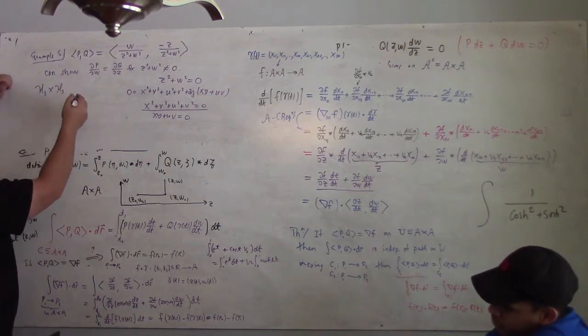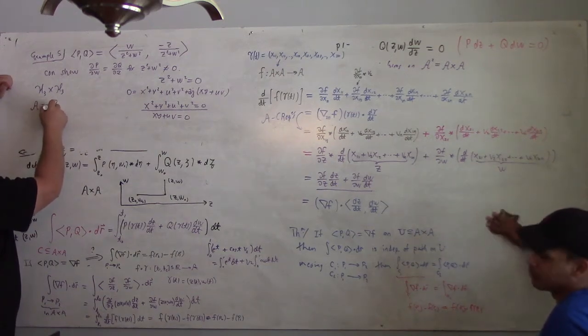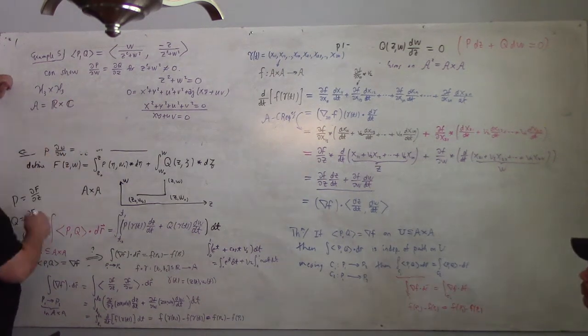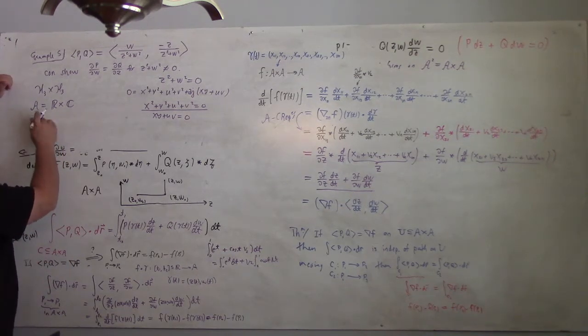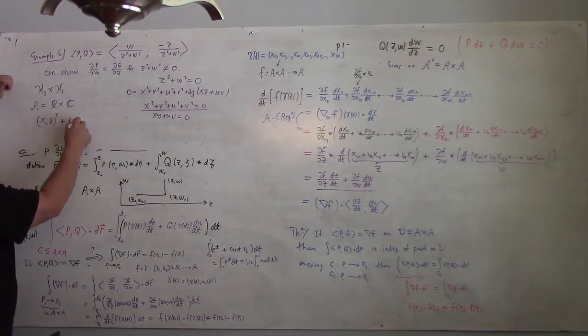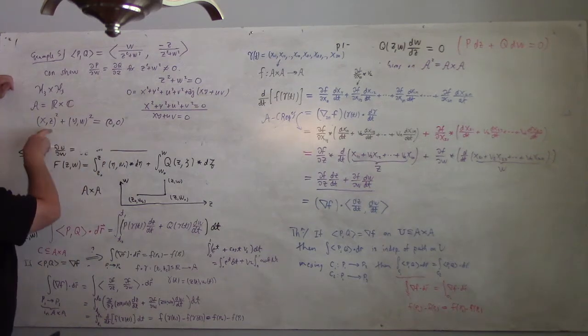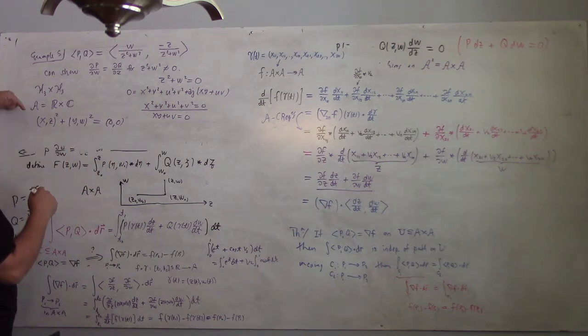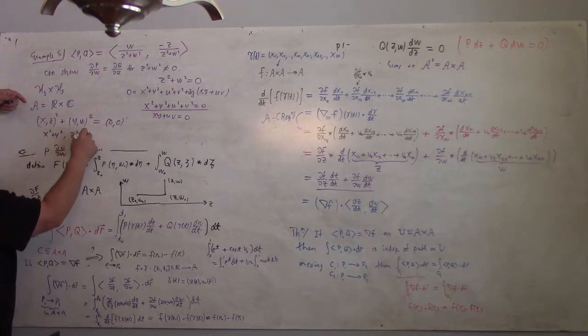So instead of doing H3, let's just be manifestly stupid about it and say A is R cross C, right? That's what H3 is, up to isomorphism. So there, if you look at, let's say, x comma z squared plus y comma w squared equal to 0, that would be my z squared plus w squared in R cross C, and that of course would give you x squared plus y squared comma z squared plus w squared.